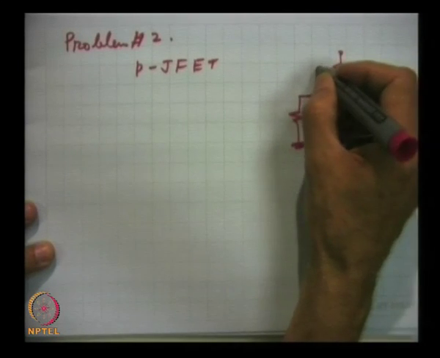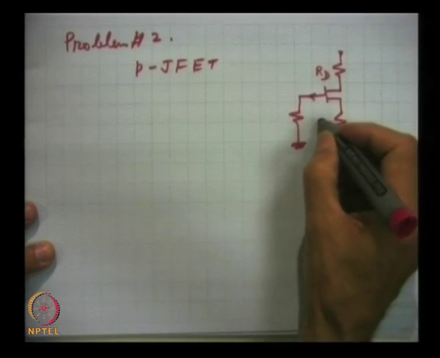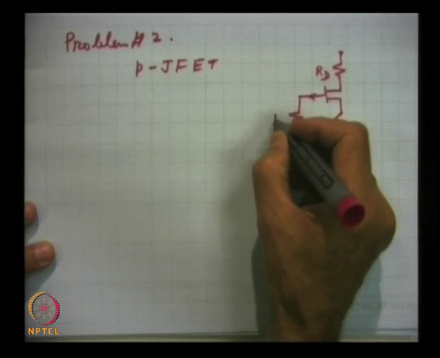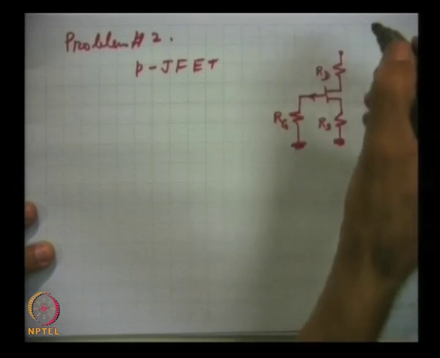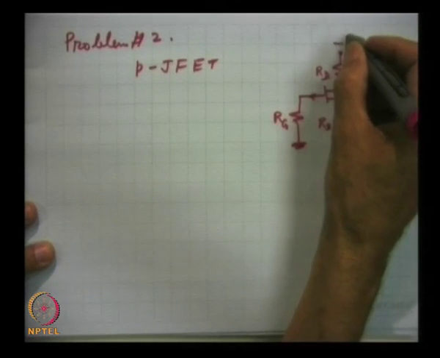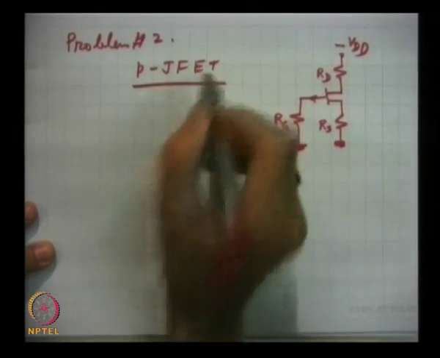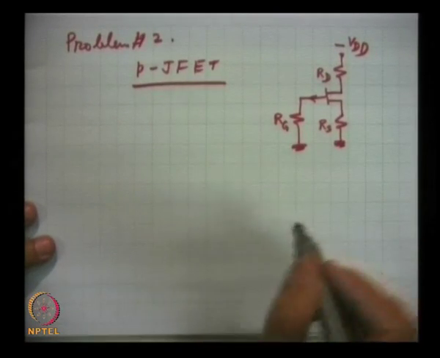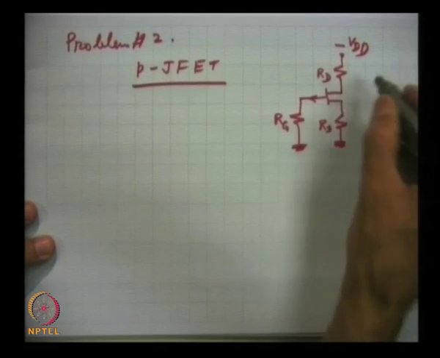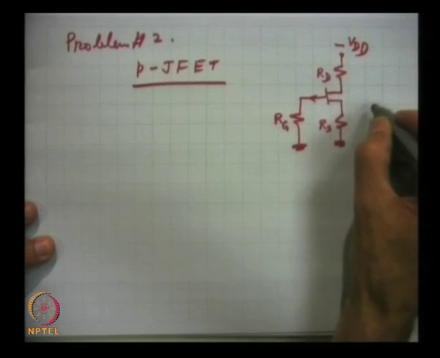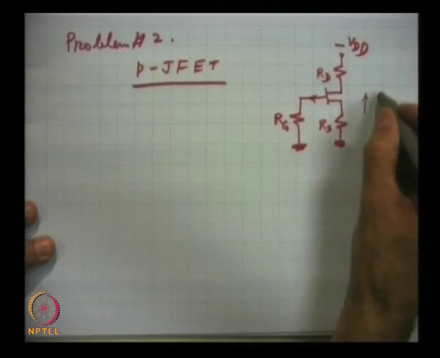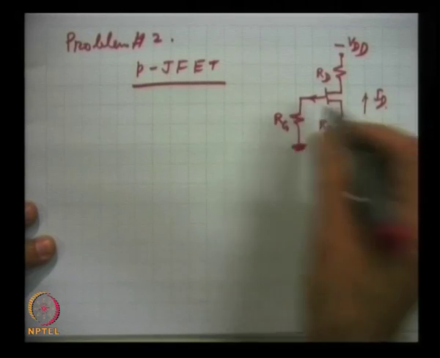This is RD, this is RS, this is RG, and this is minus VDD, because it is a p type junction field effect transistor, and the current flows this way.